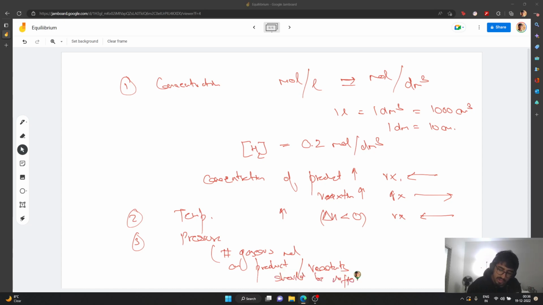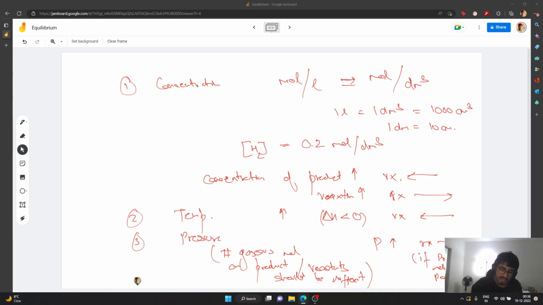If they're different, then if the pressure increases, the equilibrium shifts to the side of the lesser number of moles. So if the reactant has fewer moles than the product side, then the reaction will go left. If product moles are less than reactant moles, it goes right. Again, all of these are gaseous moles.